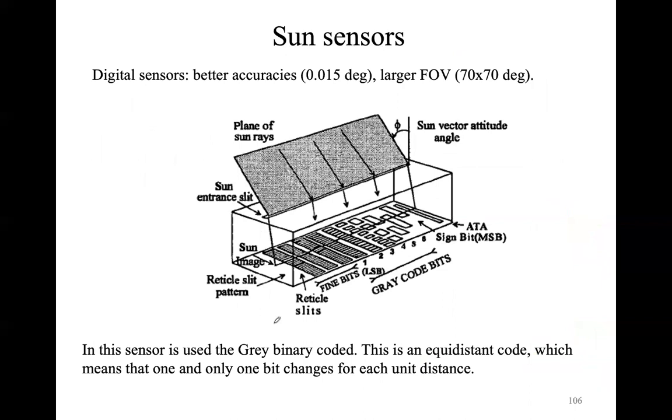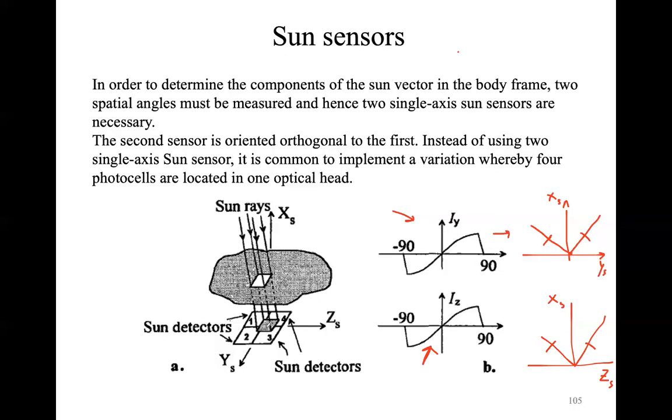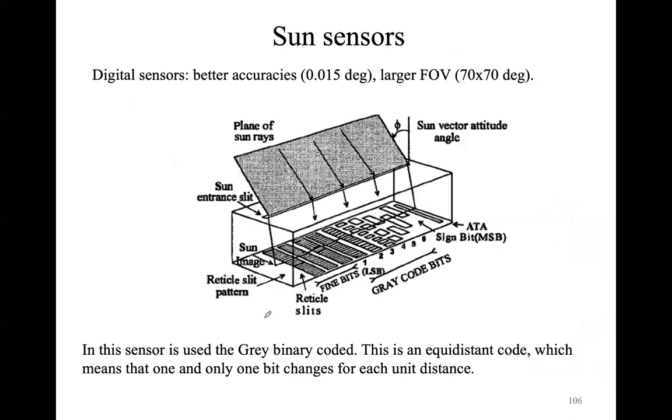In reality, however, we don't use an analogic signal, but what we use now are digital sensors. The concept is similar to this one, but instead of having 4 independent sun detectors, you have this reticle slit pattern.